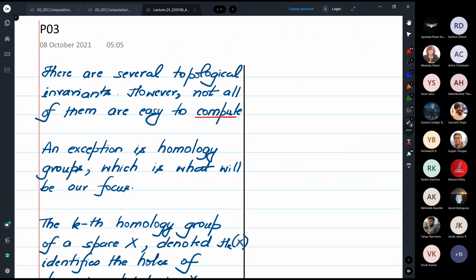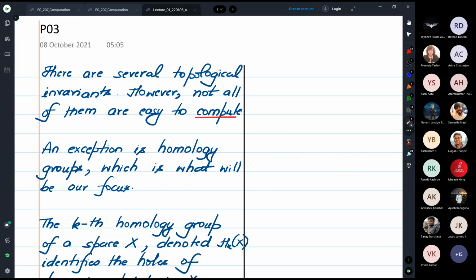If you take a course on algebraic topology, you will see that there are several topological invariants. However, the issue with most of these topological invariants is that they are not computation friendly. They are not easy to compute.